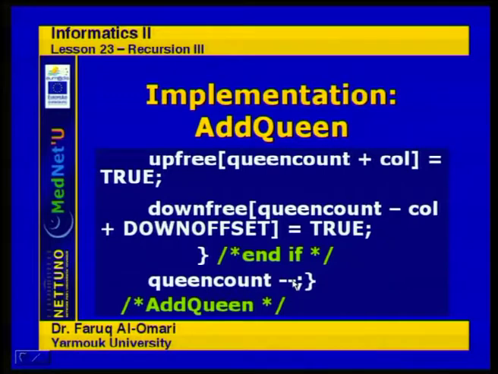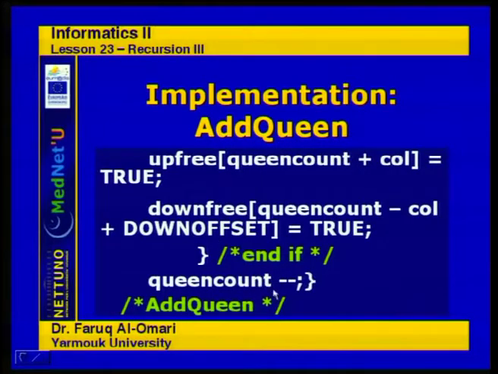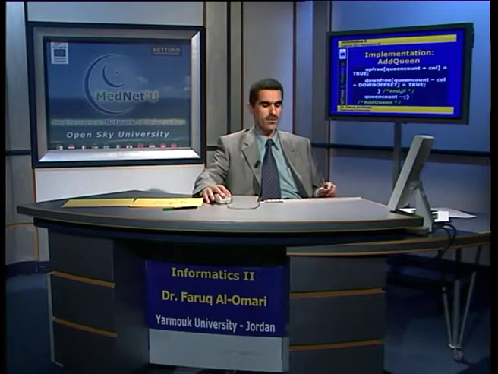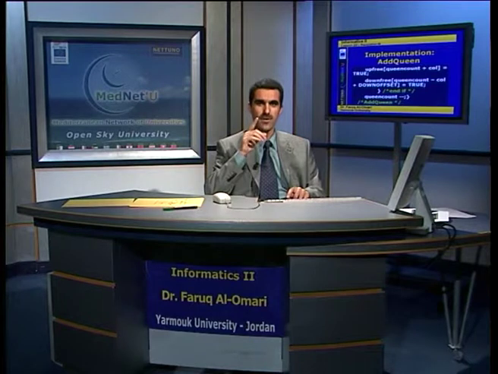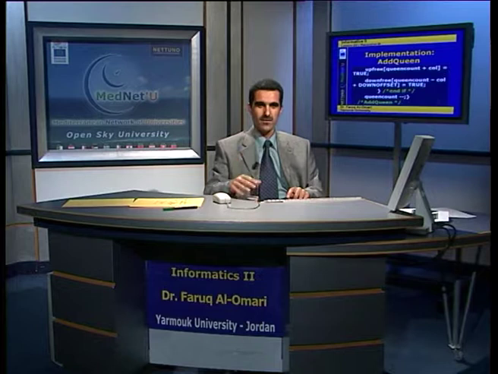And that's why when I'm backtracking, because I did not find a solution, that means remove that queen and make these places available and decrease the number of queens that you have by 1 because you already added that one. Okay? It's pretty simple, straightforward. And it solves the problem nicely using this recursive algorithm. Actually, if you try to do it the iterative way, it's going to be a tedious, long task. All right? So it's a very good example of doing this kind of thing.